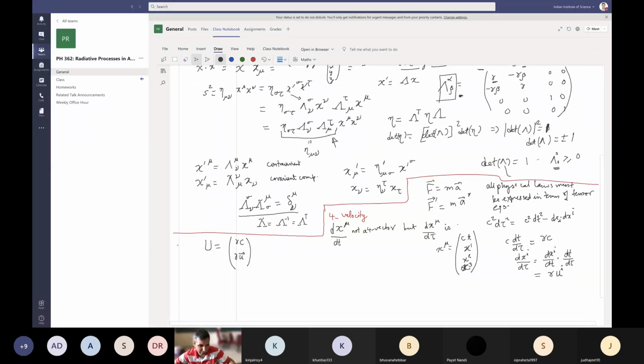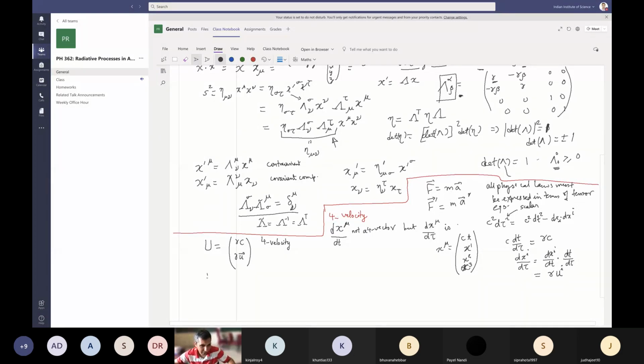So that's why this is a 4 velocity, because this can be written as a ratio of a 4 vector and a Lorentz invariant scalar. So tau is a scalar, a Lorentz invariant. Okay, so this is 4 velocity.